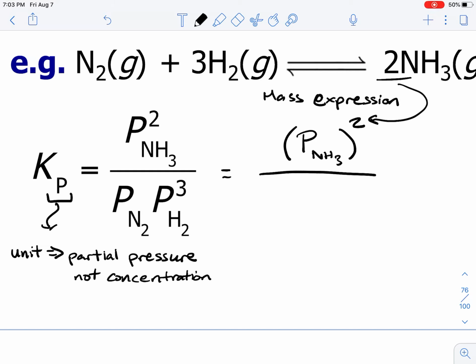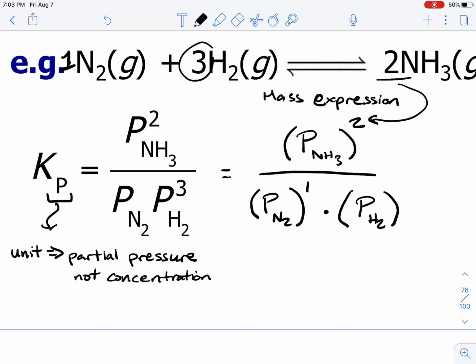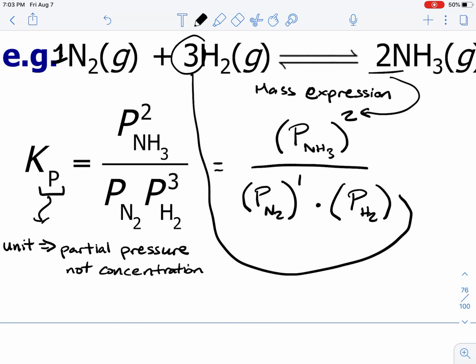And then we're going to divide that by the partial pressure of the reactants. In this case, it's going to be nitrogen gas raised to the first power because we have a 1 as the coefficient, times the partial pressure of hydrogen gas. And notice that we have a coefficient of 3, and so therefore it's going to be raised to the third power.